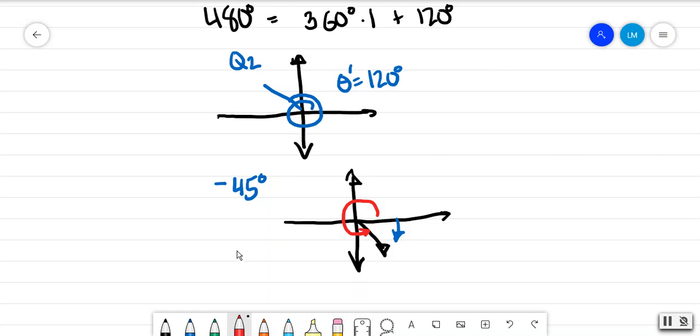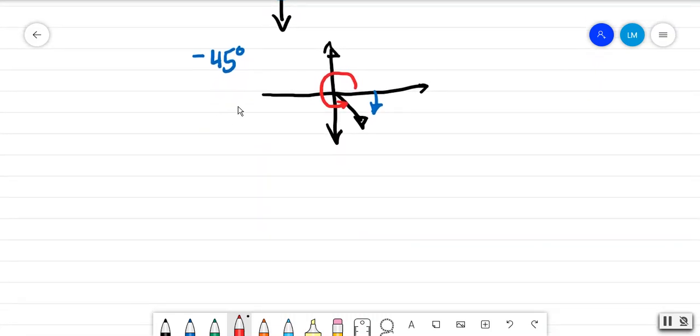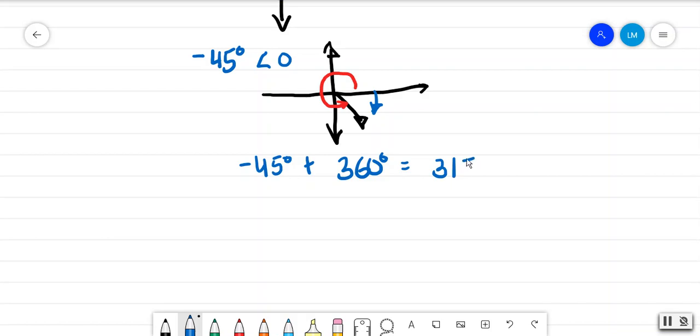But let's think of it like this. Because theta is less than 0, that means you just have to add 360 appropriately. So you take minus 45 degrees and you add 360 degrees, and this is going to equal 315 degrees.